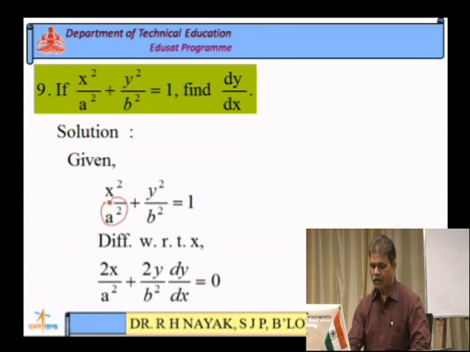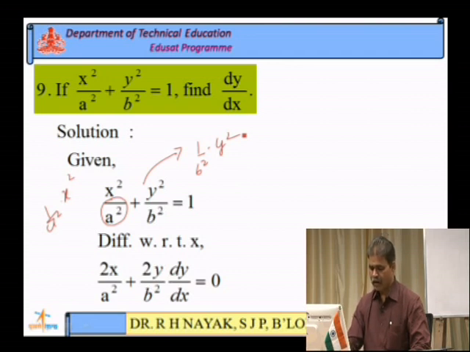It can be taken like this: 1 by a square into x square, and similarly 1 by b square into y square. Keep 1 by a square as it is, differentiate x square, this is 2x. Keep 1 by b square as it is, differentiation of y square is 2y into dy by dx.